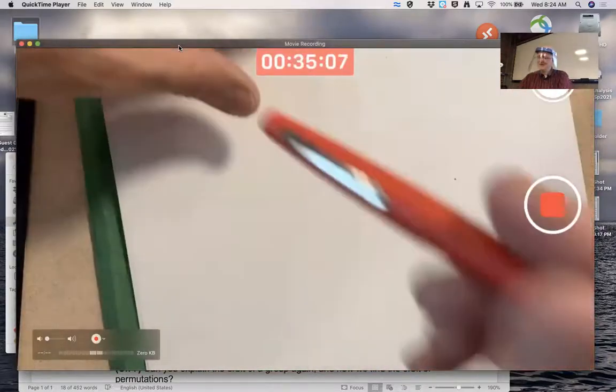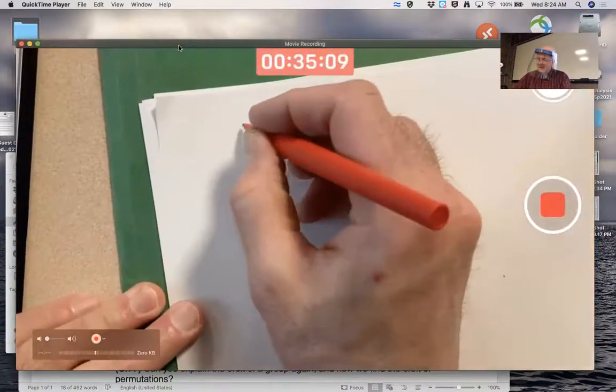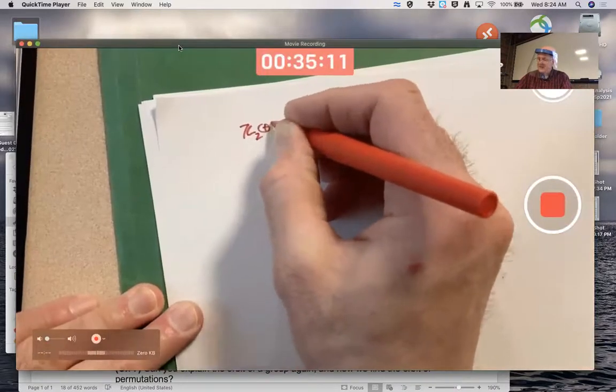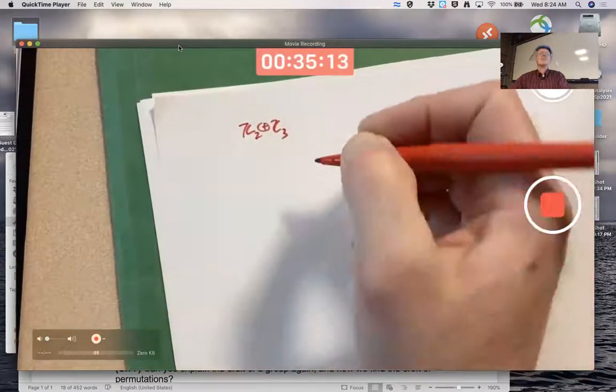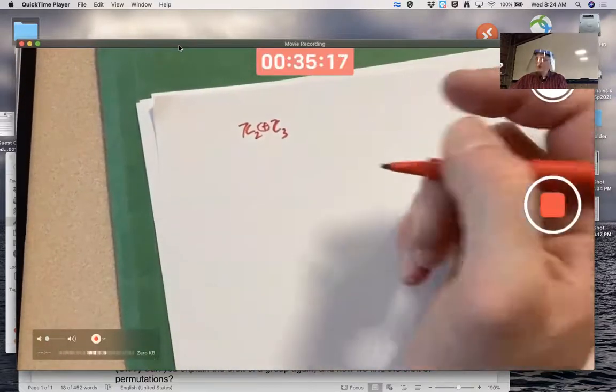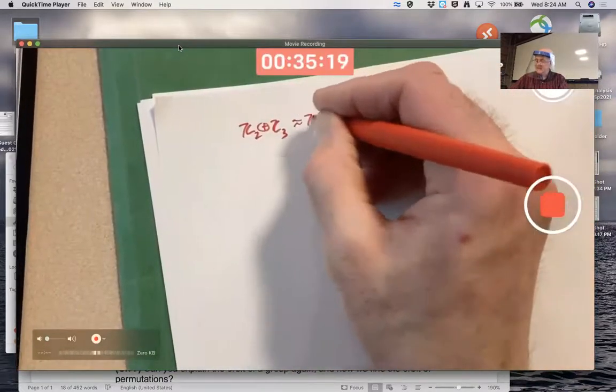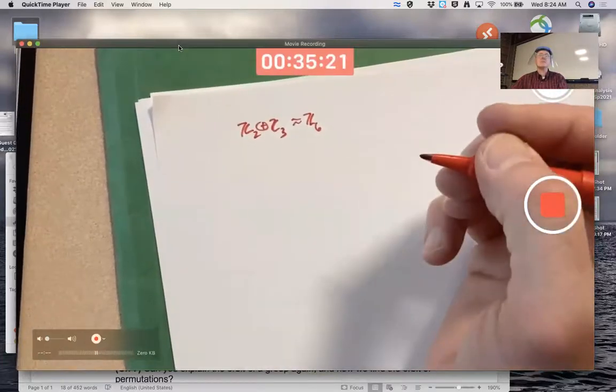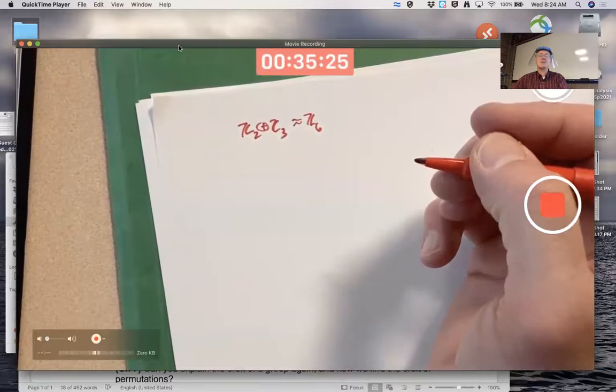But how about the external direct product of Z2 and Z3? 2 and 3 are relatively prime. This should be a cyclic group. It should be isomorphic to Z6. How do you find a generator? Either a little bit of thought and/or experimentation is my best recommendation.